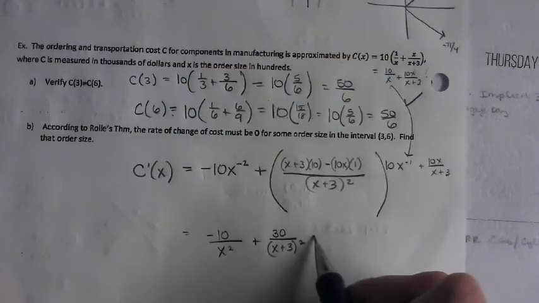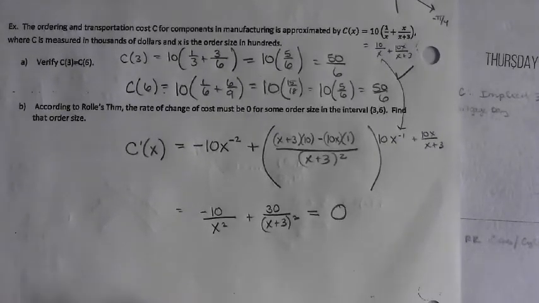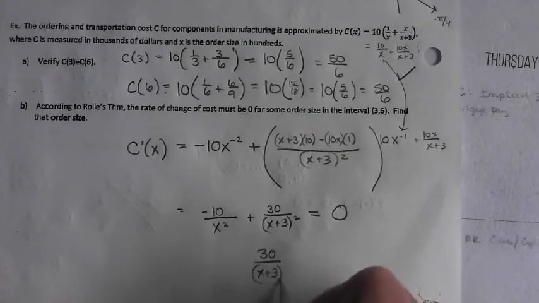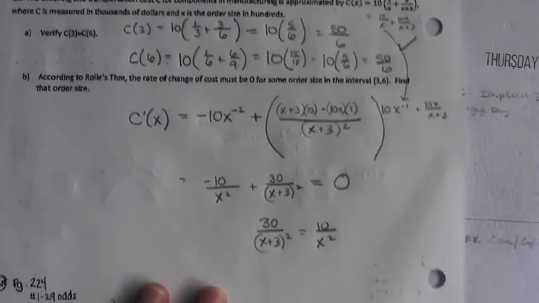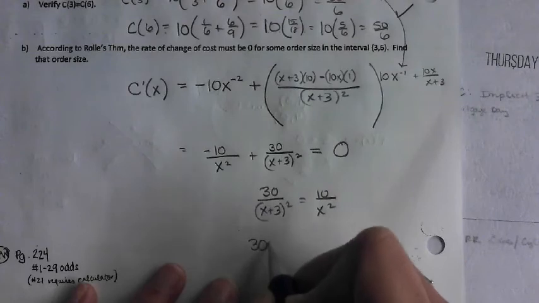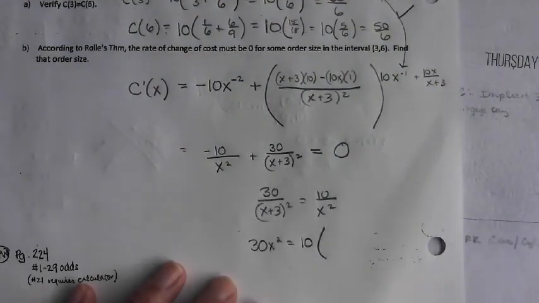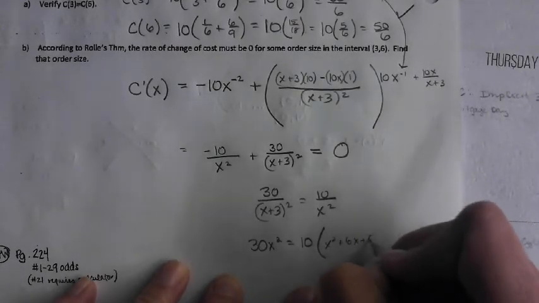And I want to set this equal to 0. I'm going to add that 10 over, that 10 fraction. Cross multiply. I'm going to square out this x plus 3 while I'm at it. x squared plus 6x plus 9.